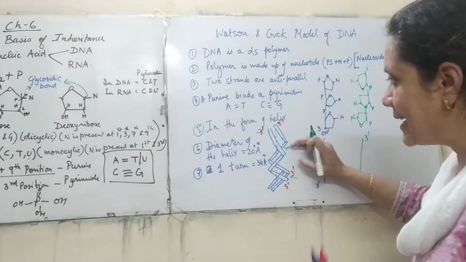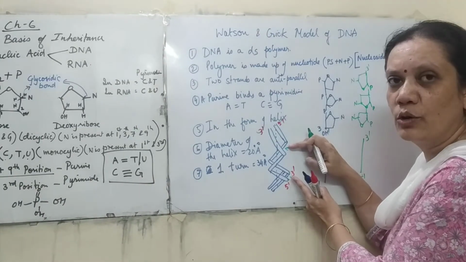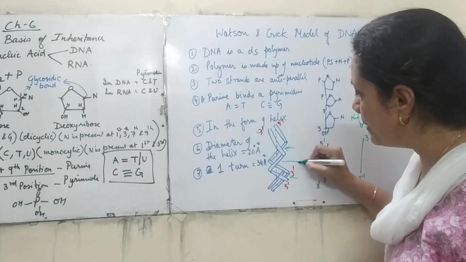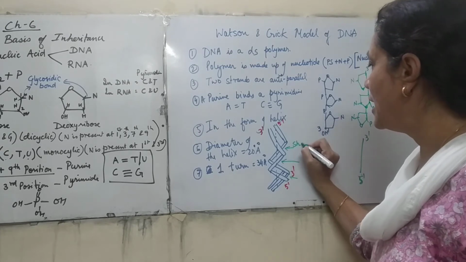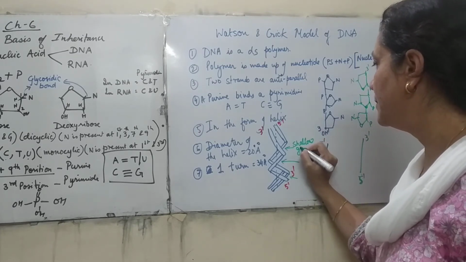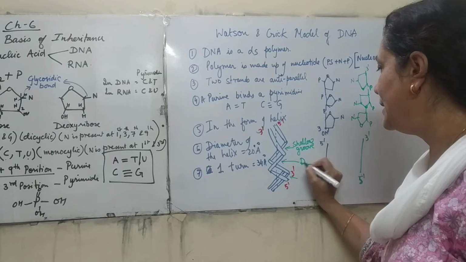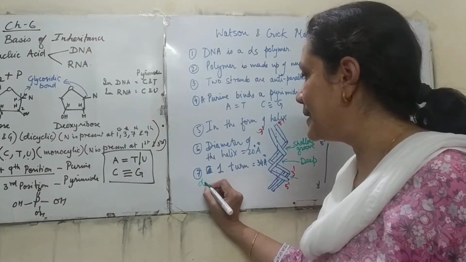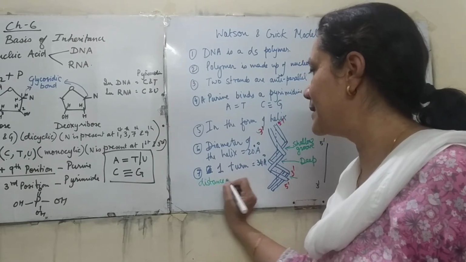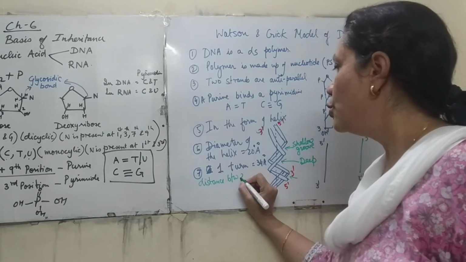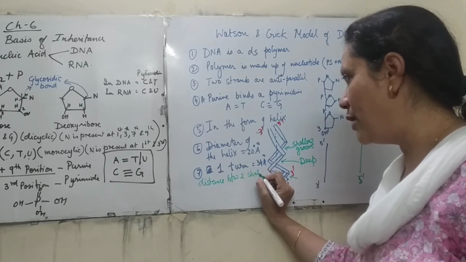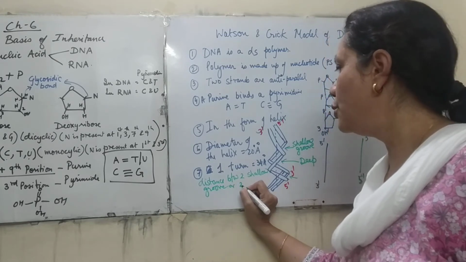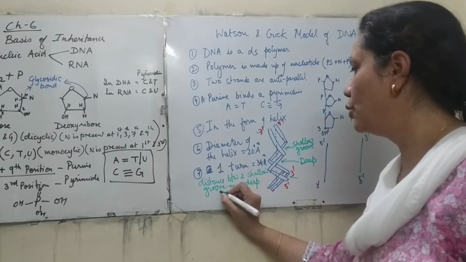Now I have mentioned that if you see, there is a groove. This is called a shallow groove and this is called a deep groove. So one turn is actually the distance between two shallow grooves or two deep grooves.